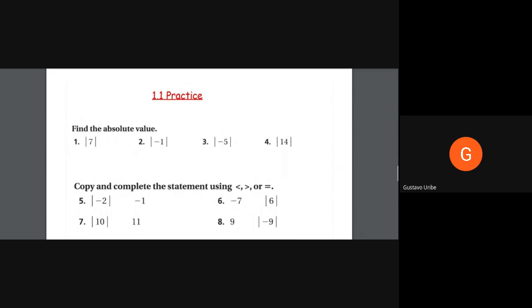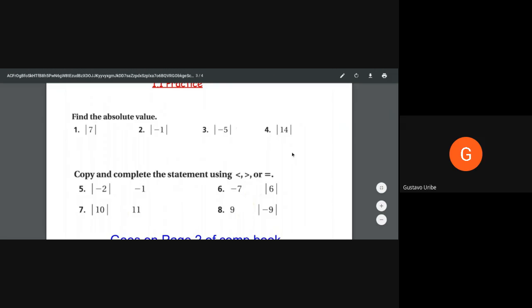Okay, so now let's try some of these practice problems. I'm going to open up a folder and write these problems down.